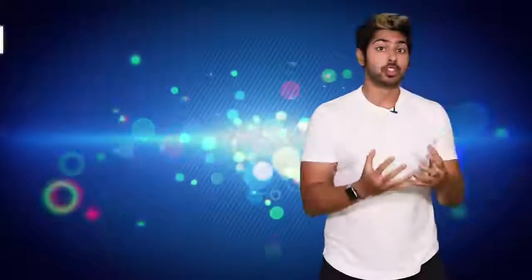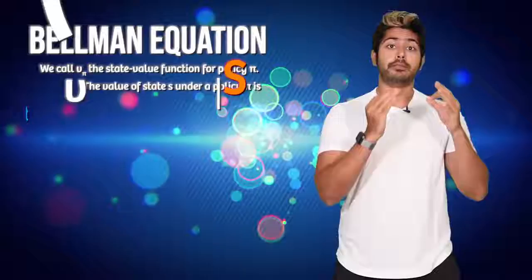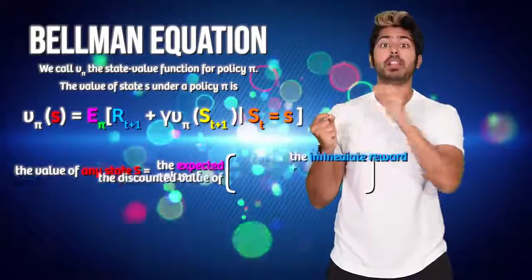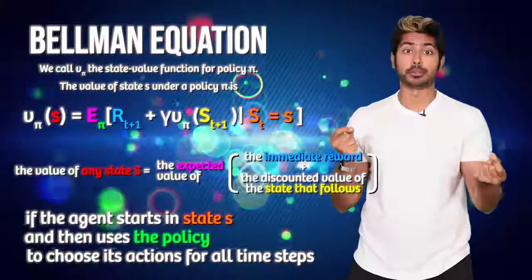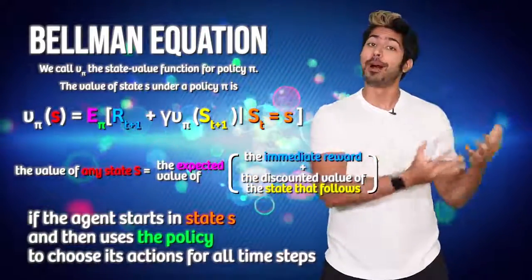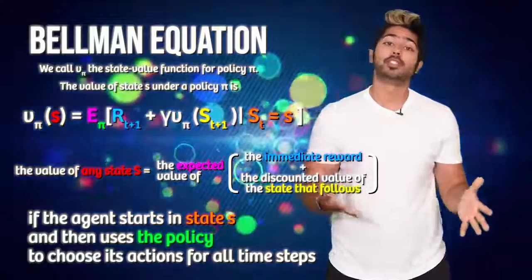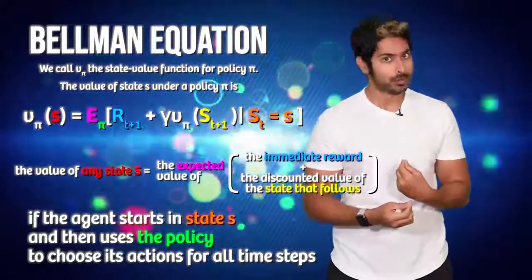In a Markov decision process, we can express the value of any state as the sum of the immediate reward plus the value of the state that follows. This kind of expression is popularly known as the Bellman equation, named after the mathematician and black tie aficionado Richard Bellman.